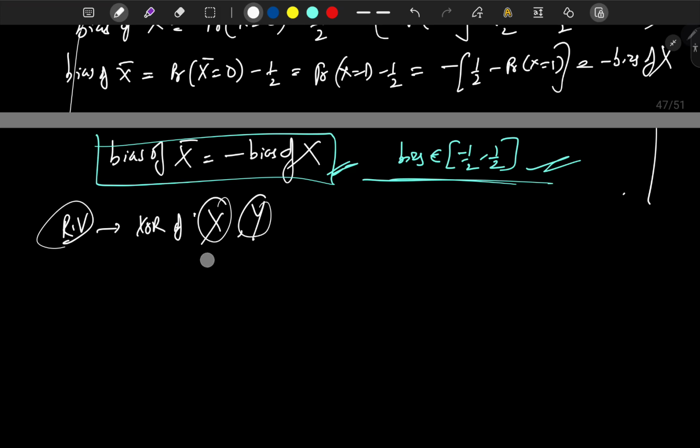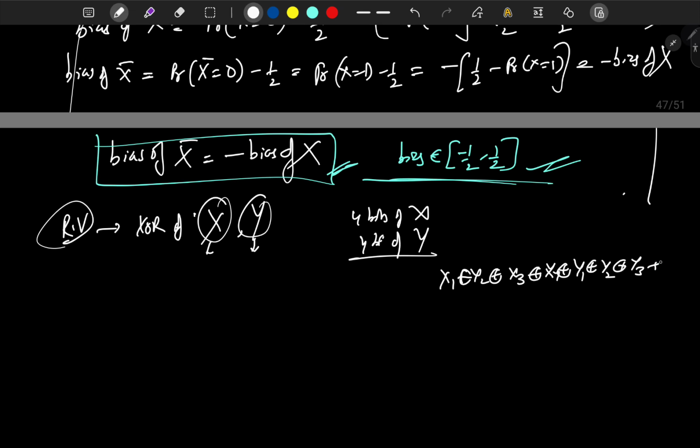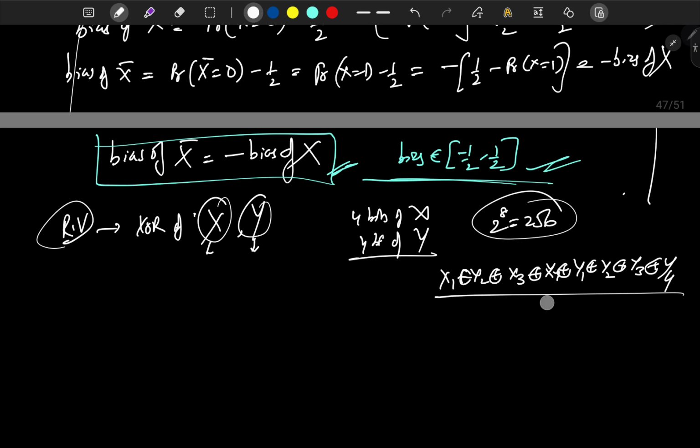I have 4 bits of capital X and 4 bits of capital Y. So there can be XORs of x1 x2 x3 x4 y1 y2 y3 y4, with 2 choices for each, so 2 power 8, that is 256 combinations. Sometimes you can neglect this.